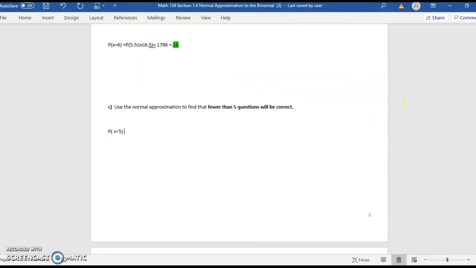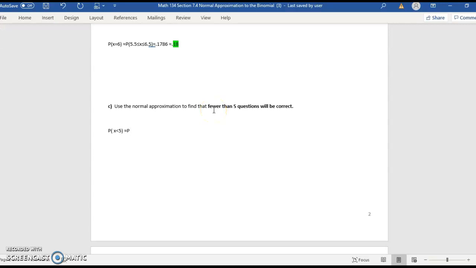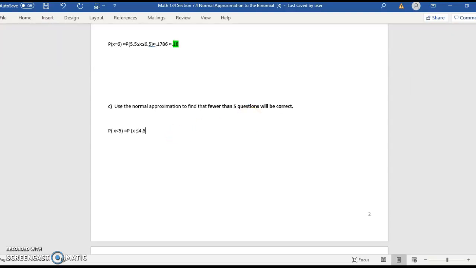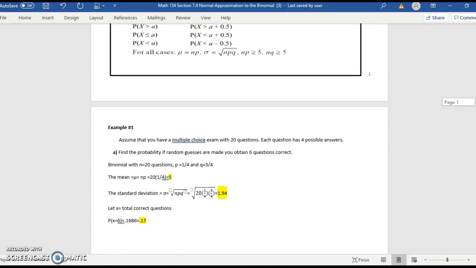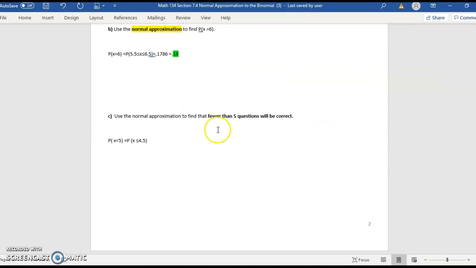So for this particular one, as we do the approximation, I'm just going to write it as the probability of x less than or equal to, and you're subtracting 0.5, so 4.5. Keep in mind that the statement actually says less than, so you subtract 0.5. In this case, they're referring to fewer than 5, so subtracting 0.5 will be 4.5.